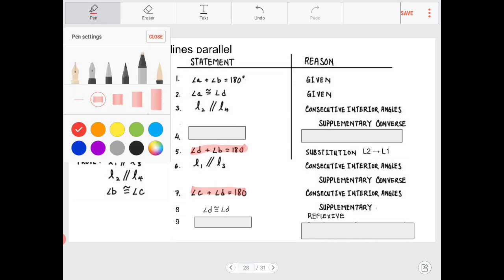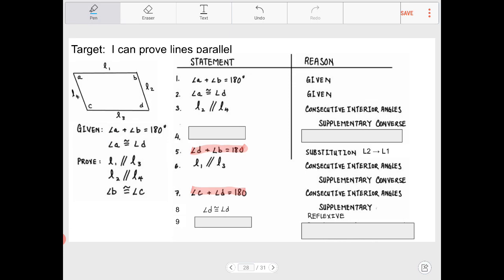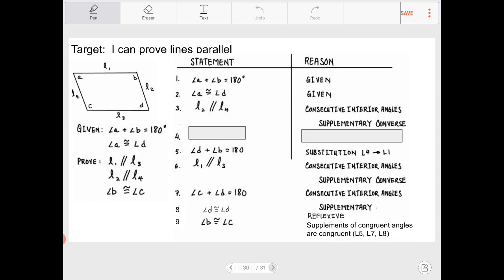And angle D is congruent to itself. So therefore, supplements of congruent angles are going to be congruent. So we can conclude that B and C are also going to be congruent. Supplements of congruent angles are congruent. 5, 7, and 8.